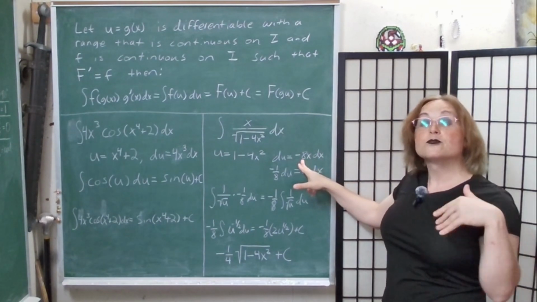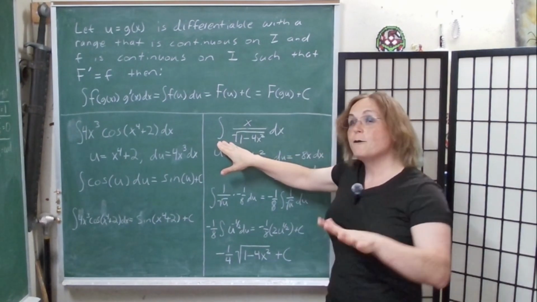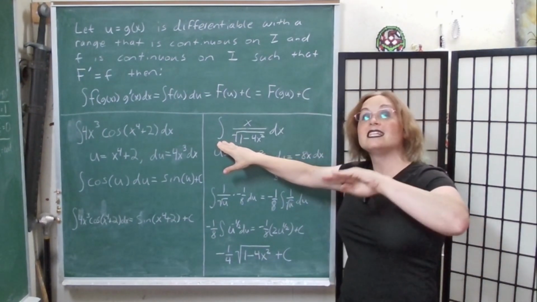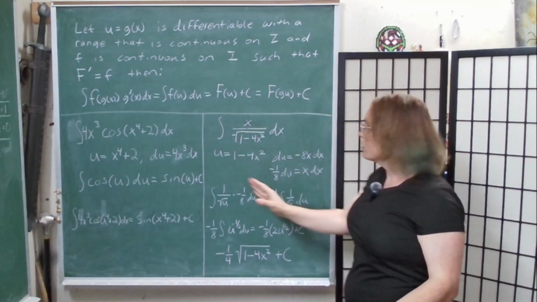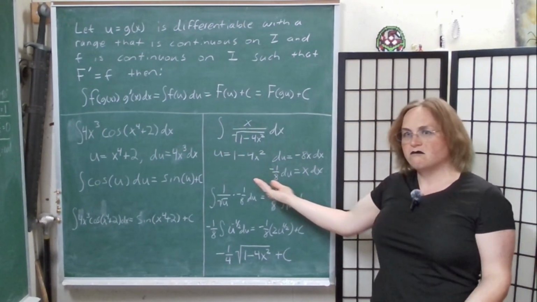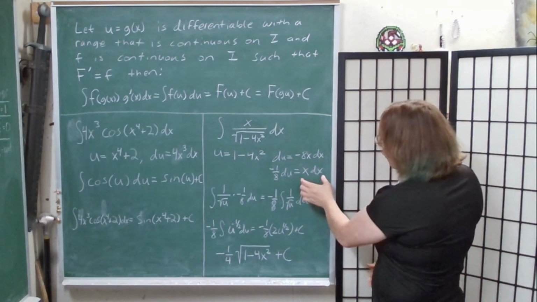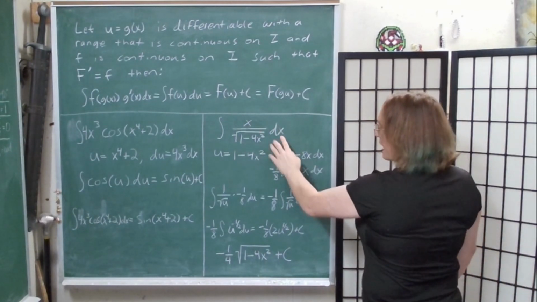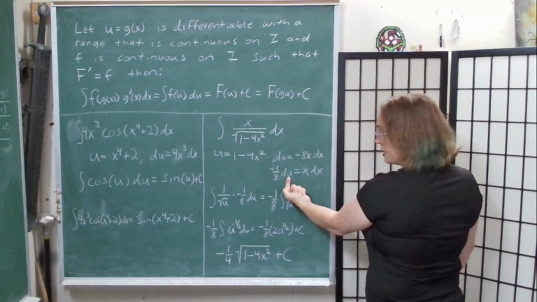But that's fine, because remember, what we're doing is trying to get our integral to be in terms of u and du. We want to get rid of all of the x's and dx's, which is fine because we can just move that 8 over as a negative 1/8. So all that's going to say is that the x dx is going to be replaced with the negative 1/8 du.